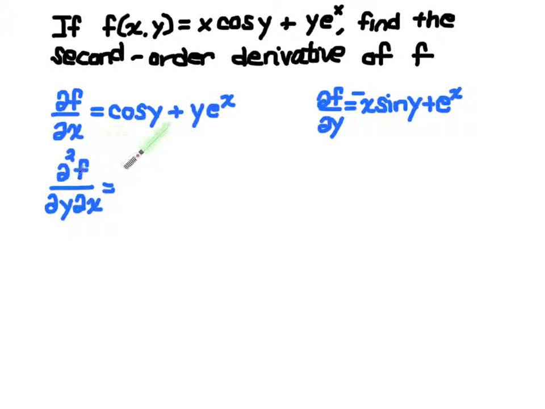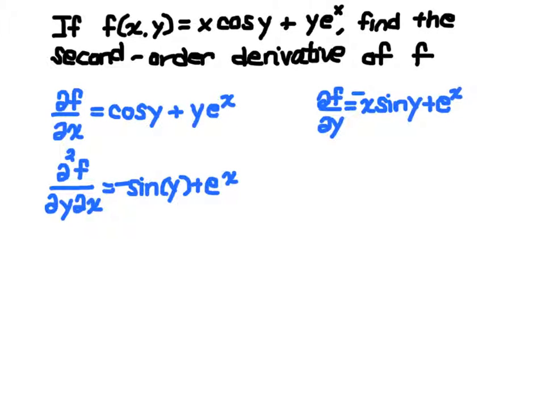And since we already have the partial derivative of f with respect to x here, we just have to take the partial derivative of the cosine of y plus y e to the x with respect to y. And the derivative of cosine of y with respect to y is negative sine of y. Of course, the derivative of y is 1, and e to the x is treated like a constant, so e to the x. So there is the second partial derivative of f with respect to y and x.